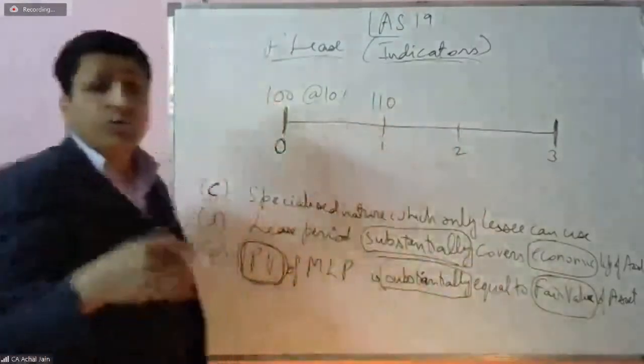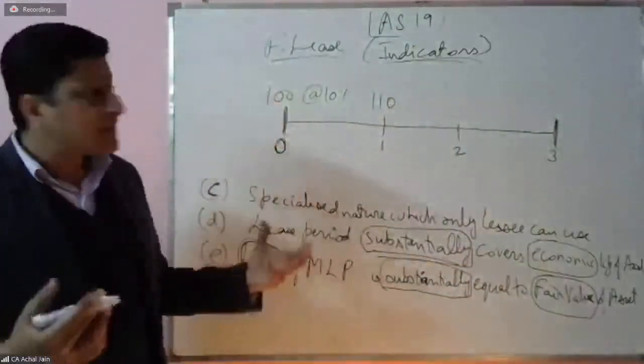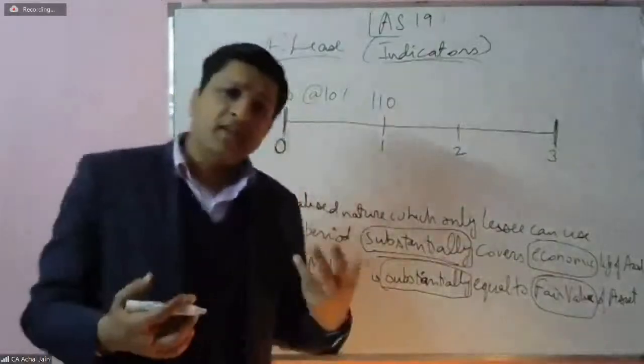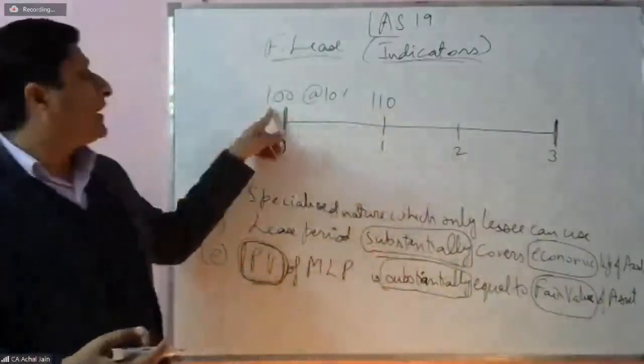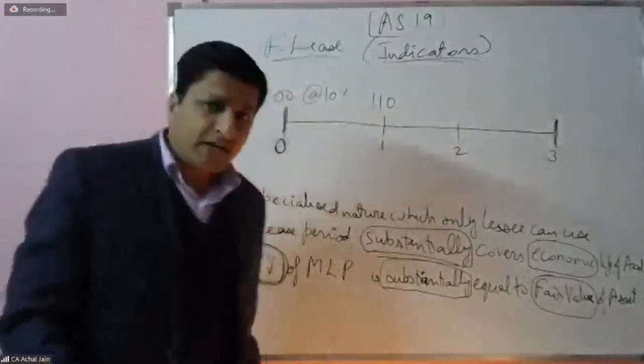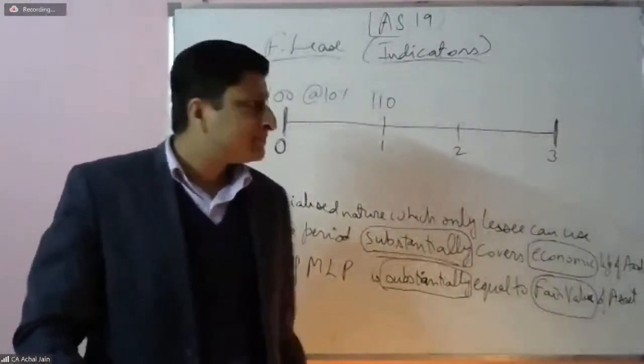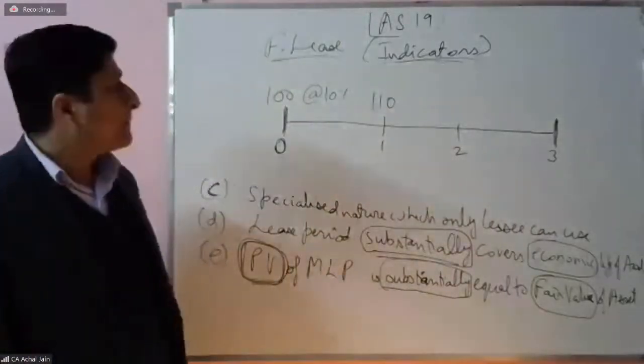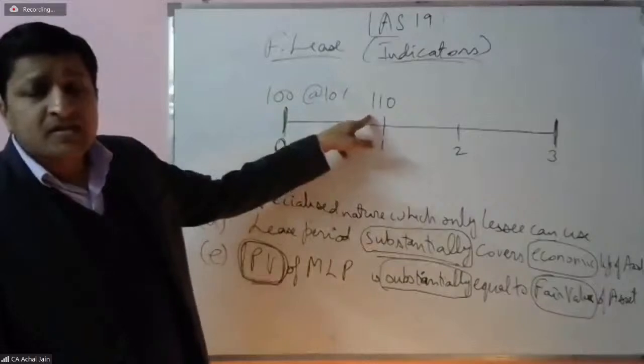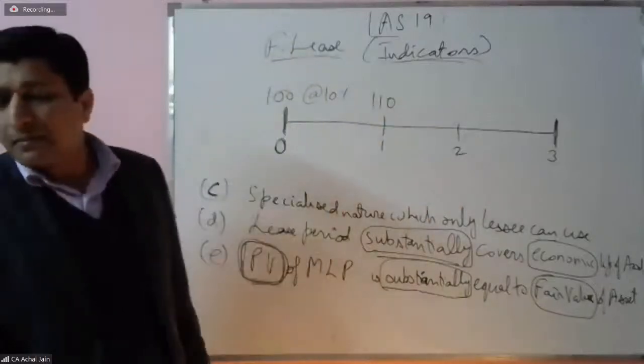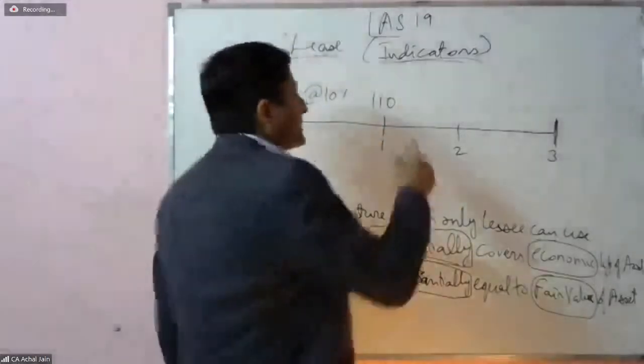Don't ask me how do you get 10%. I'm assuming. Let's suppose if the rate of interest is 10, then after 1 year, this value of 100 will become 110. Correct?